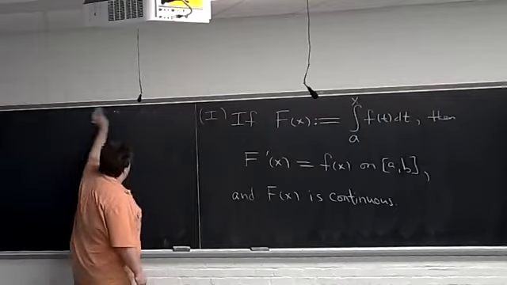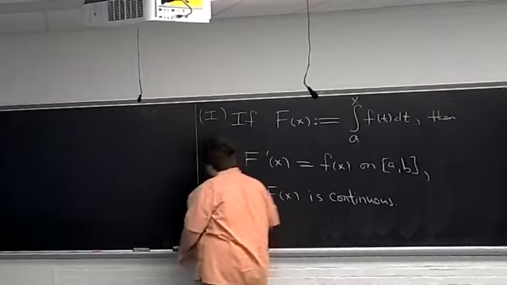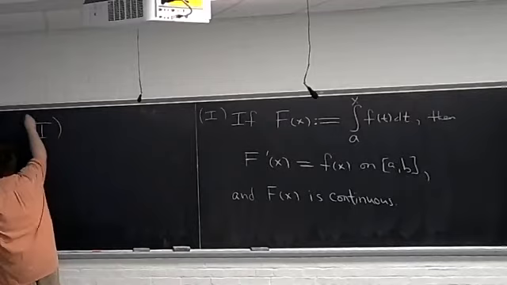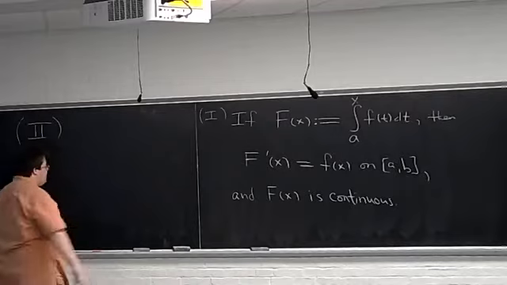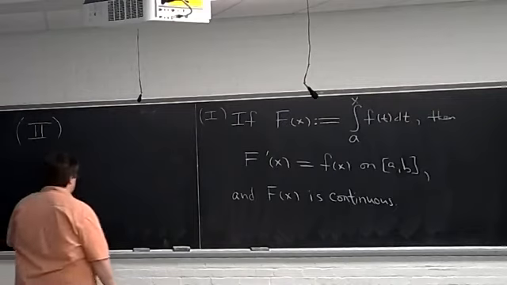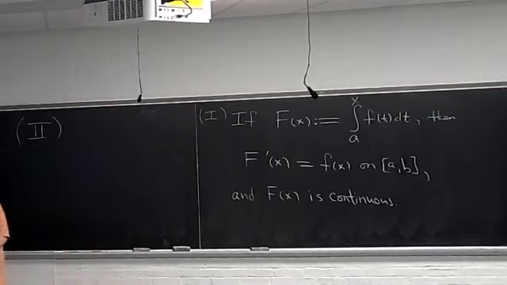Now, what are some of the consequences of this first part of the fundamental theorem of calculus? Well, one, we have derivatives, we have antiderivatives, but we saw, for example, that the product rule doesn't apply to doing antiderivatives.